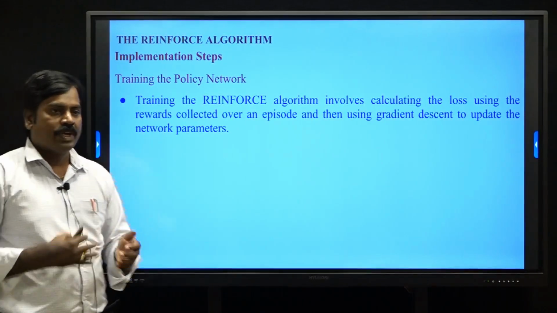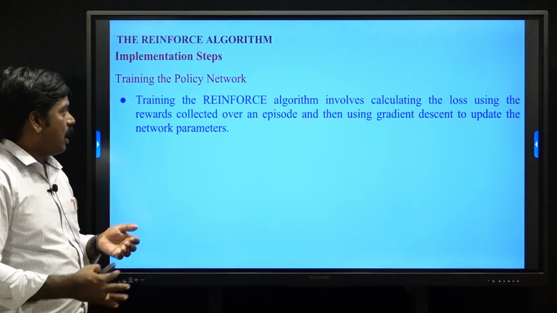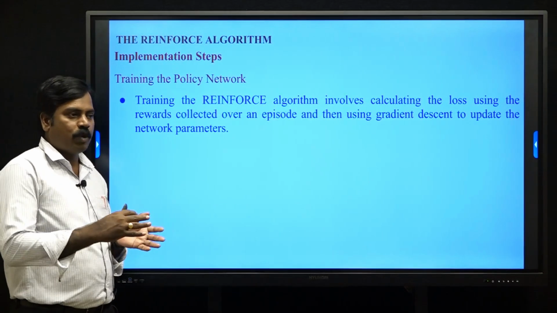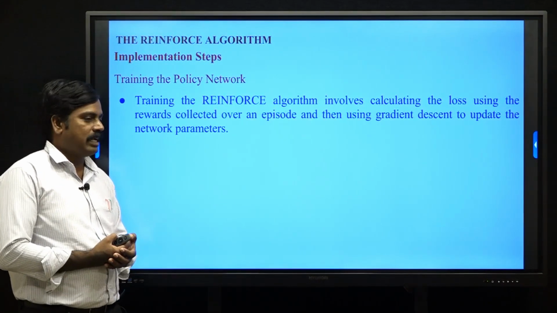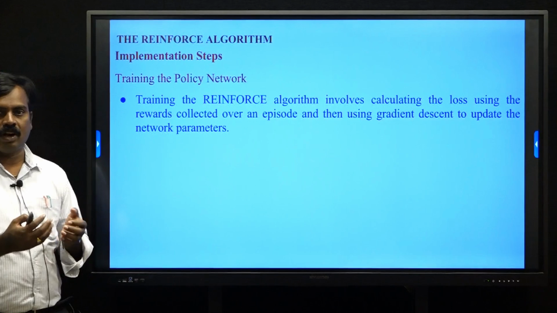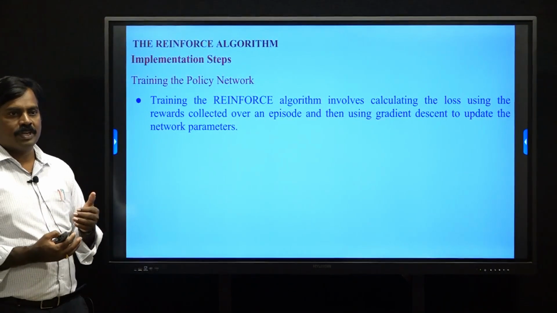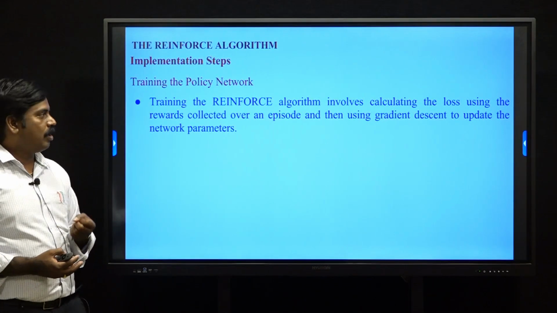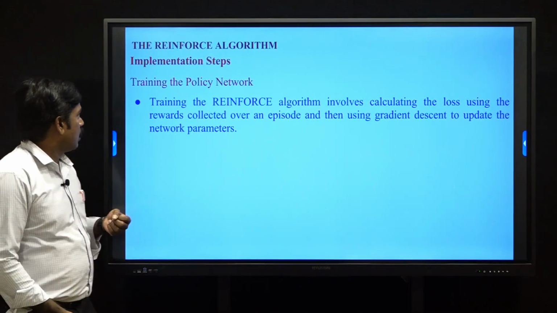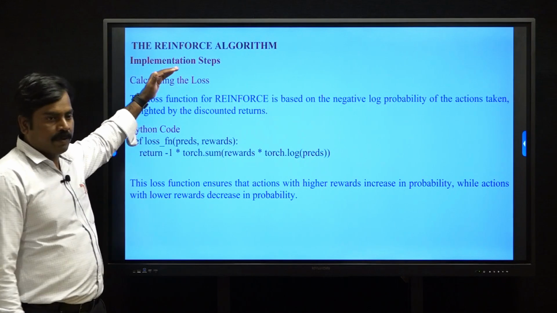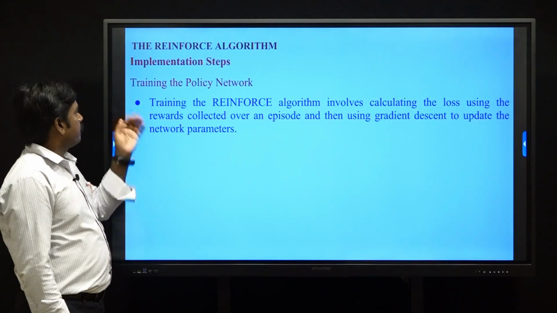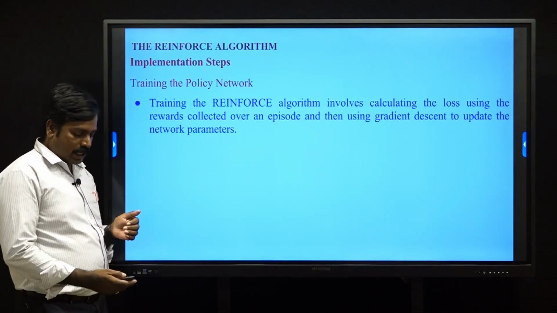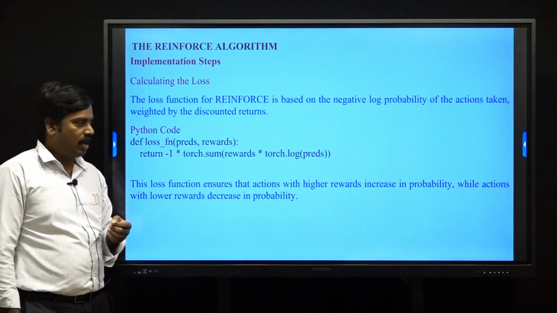After that, we train the model based on the entire episode rewards. Based on the entire episode rewards, we calculate the loss function. Based on the loss function, we apply the gradient to optimize the policy network parameters. So in training the policy network, we first calculate the loss function.